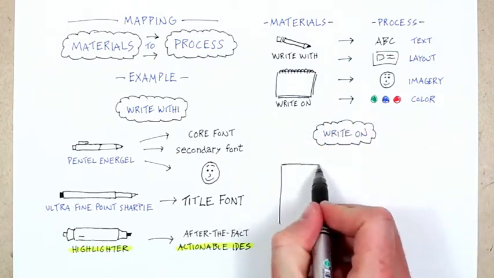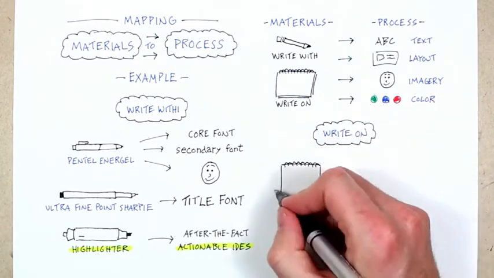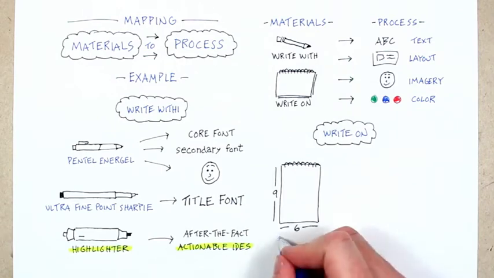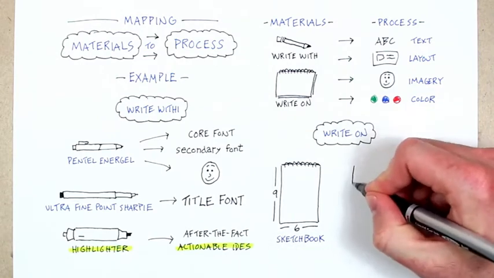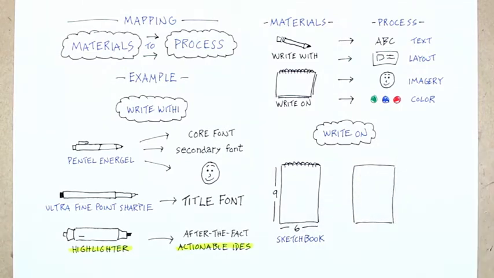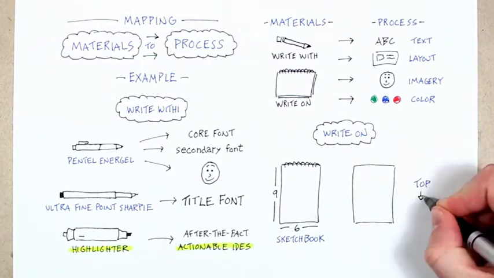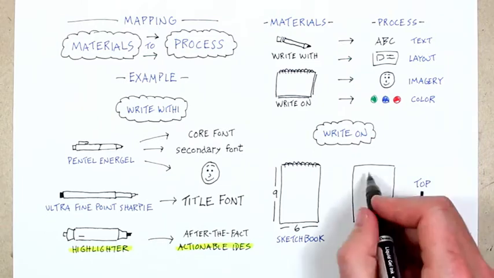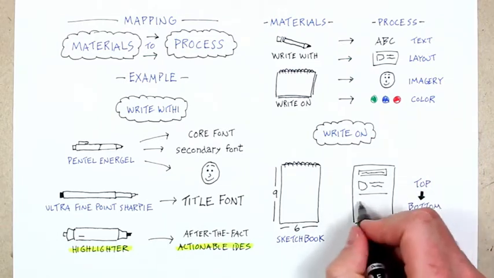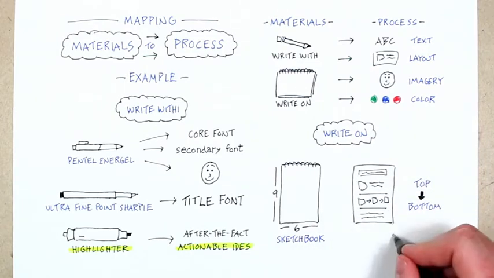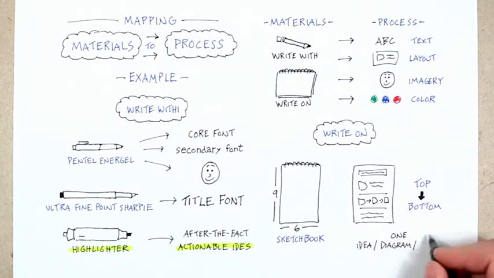Next, let's look at what I'll be writing on. For this example, I will take a tall and narrow approach with a 9x6 sketchbook. I like those dimensions because they simplify my layout. I can take a top to bottom approach, knowing that I only want to include one idea or diagram or quote per row of those notes. And I can separate each row with a horizontal line.